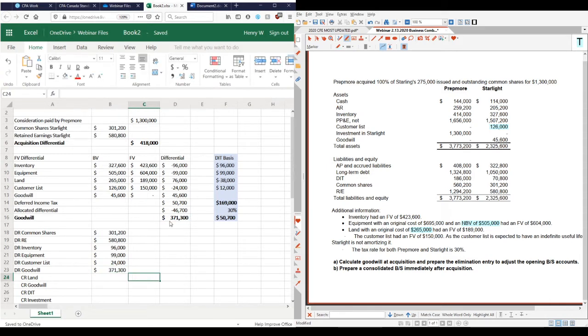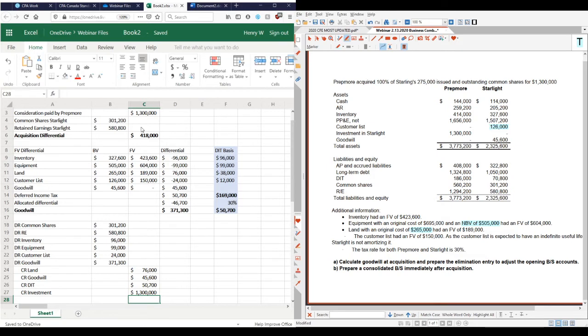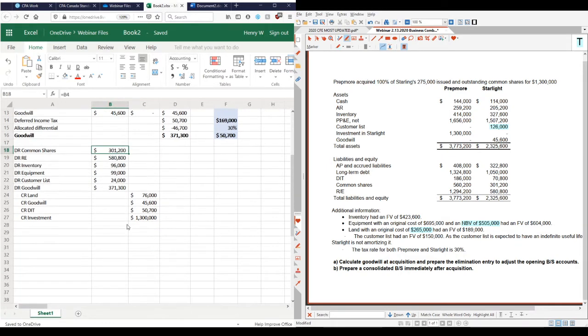And then here is the land, and then the other goodwill, the deferred income tax, and then the investment that was paid. Okay, so here's the journal entry, and you can see the totals do add up and balance: 1,472,300 and 1,472,300.